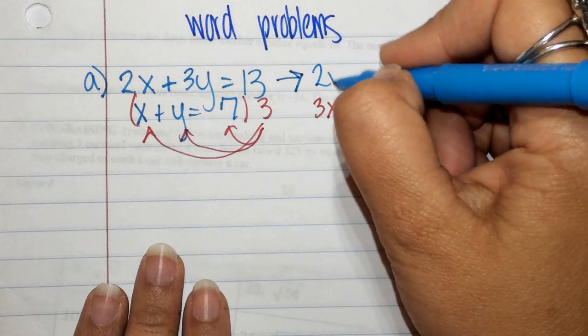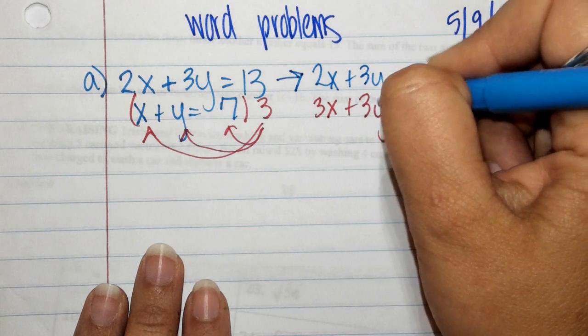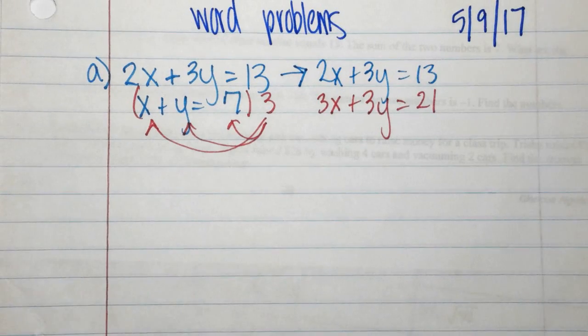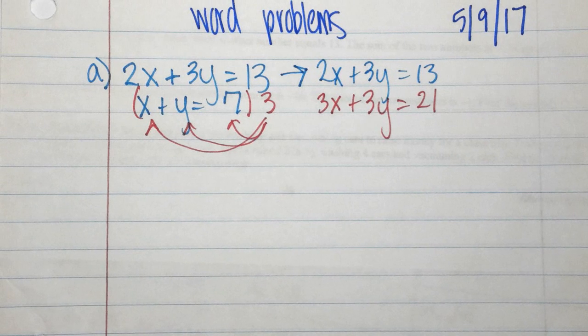So now we need to move this guy over. 2x plus 3y equals 13. Is everybody with me? Alright, now, Austin, let everybody else get there.